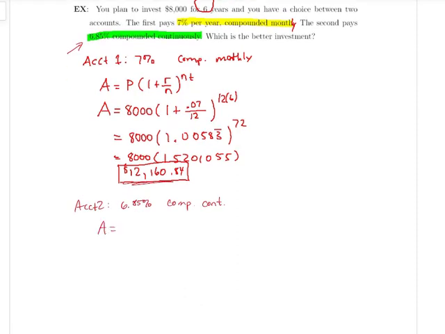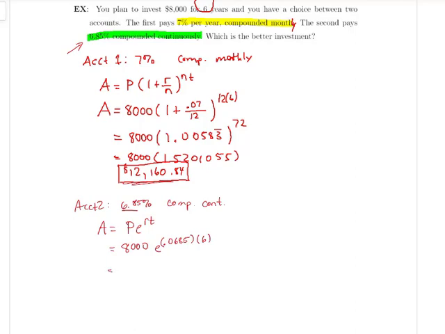So A is equal to P e to the rt. Our principal is still 8,000. Our interest rate is 6.85%. Converted to decimal would be 0.0685. And then multiply that times t, which is the amount of time in years, 6 years.